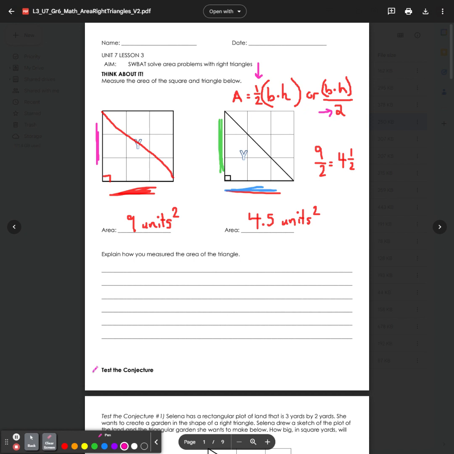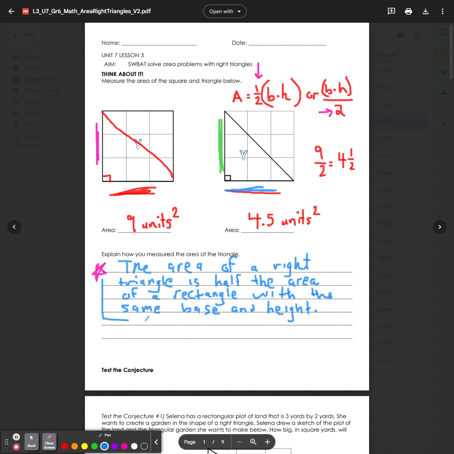So the thing we want to write down in our notebook is this. Right here by the star, this is what we want to write down in our notebook: the area of a right triangle is half the area of a rectangle with the same base and same height.